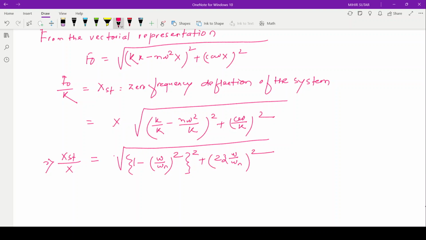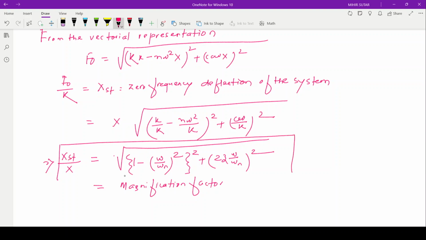Okay, so this x st by x is known as your magnification factor. So you remember this relation. Okay, in forced vibration, this is your magnification factor.